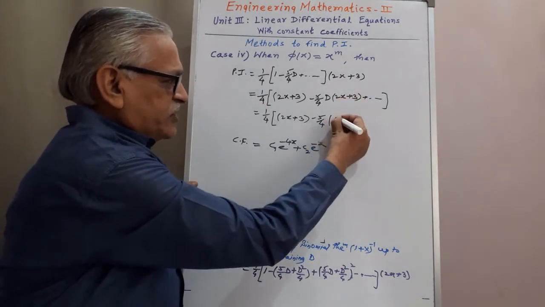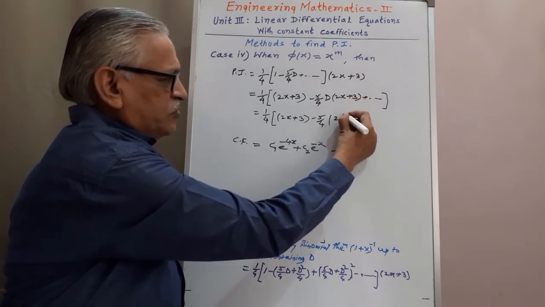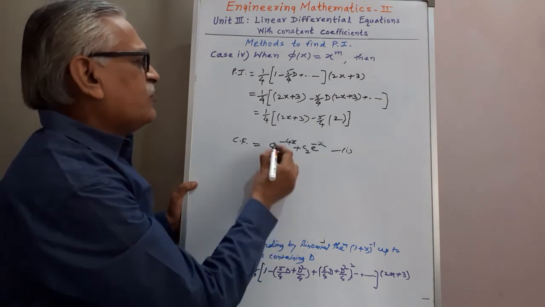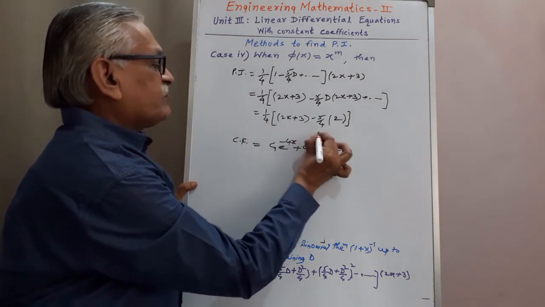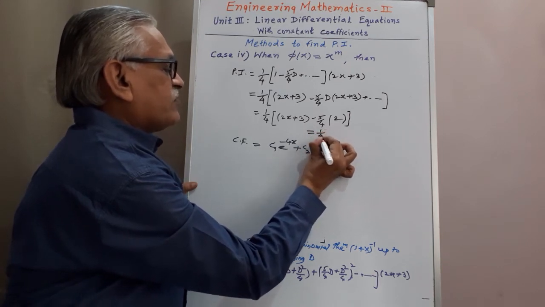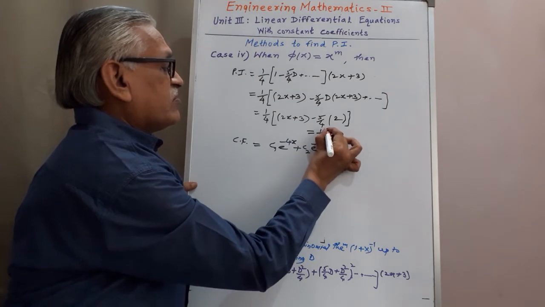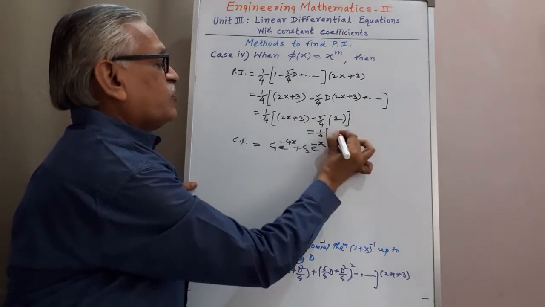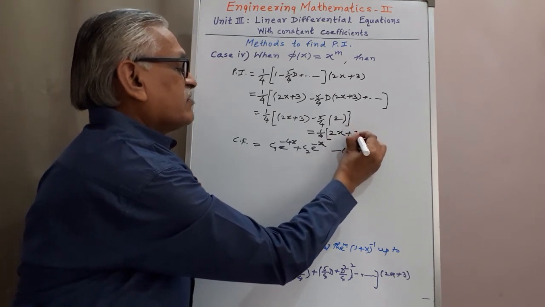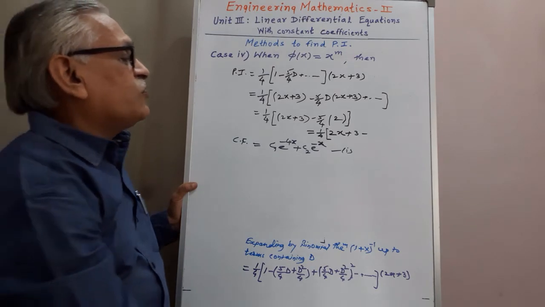Therefore, the derivative of 2x with respect to x is 2. The derivative of the constant term 3 is 0. And therefore we get 1 by 4 times 2x as it is plus 3 and minus 5 by 2.